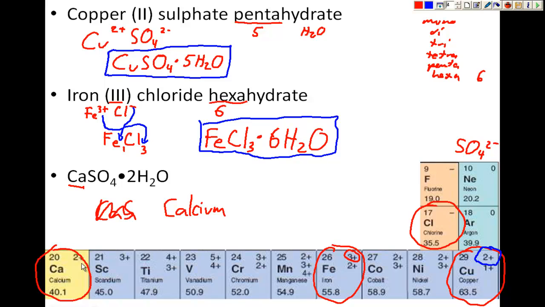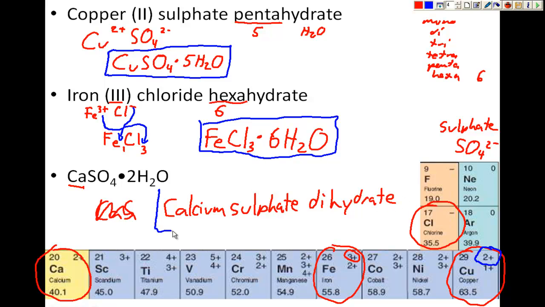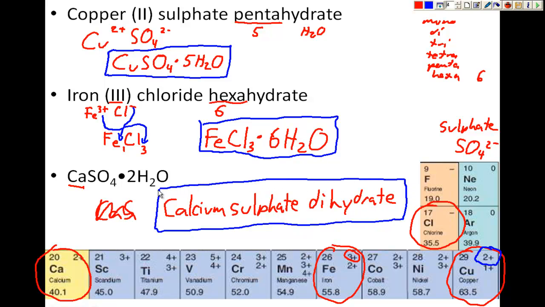It is not polyatomic. It's only 1, 2 plus, so we don't have to write any numbers in here. SO4 means sulfate. So it's going to be calcium sulfate. 2 water. 2 is di. Dihydrate. Calcium sulfate dihydrate. Okay? And that's it.